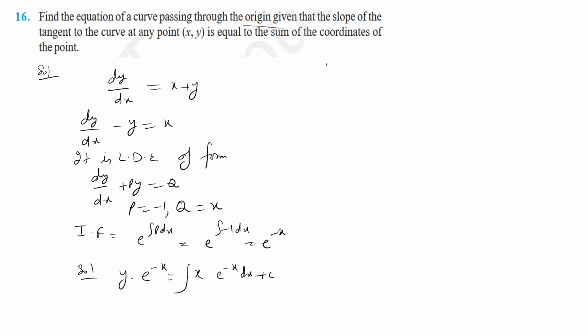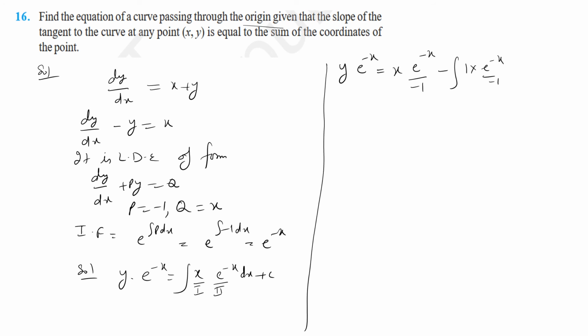So better here we take the integrating factor e raised to power minus x as the second function and x as the first function, because the integral will reduce easily. So first function times the integral of second is minus x upon minus 1, minus the integral of d/dx of first, which is 1, into e minus x upon minus 1 dx plus c.